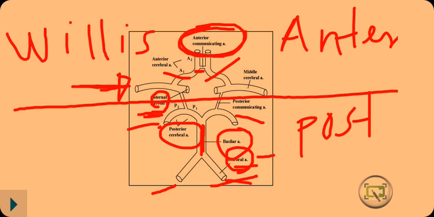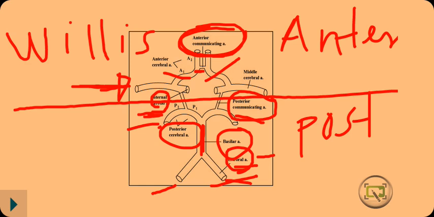Now the left and right posterior cerebral arteries will be joined to the corresponding anterior cerebral arteries by an artery called the posterior communicating artery, which is this one.